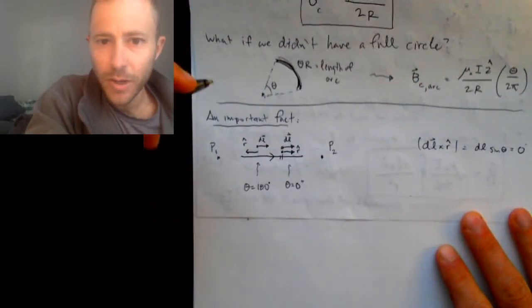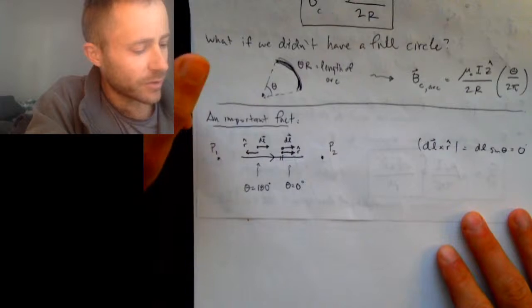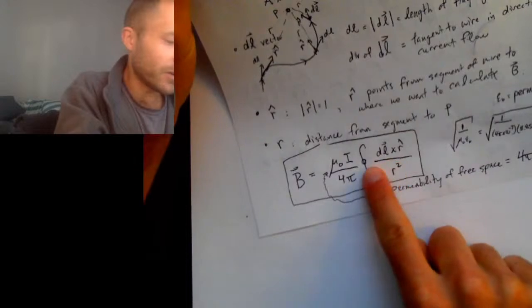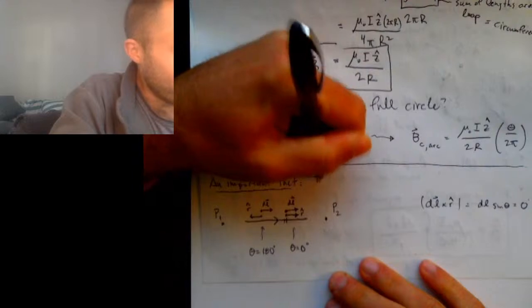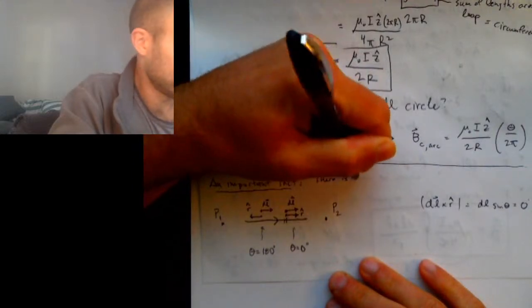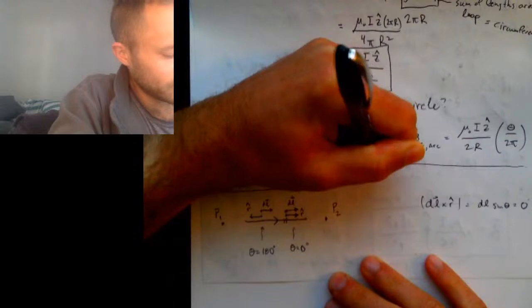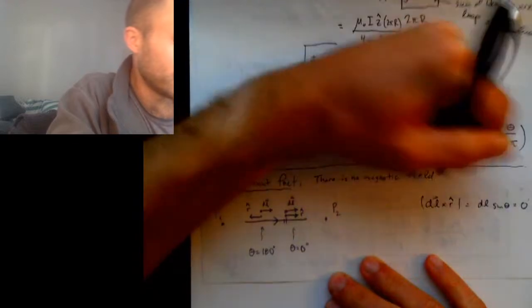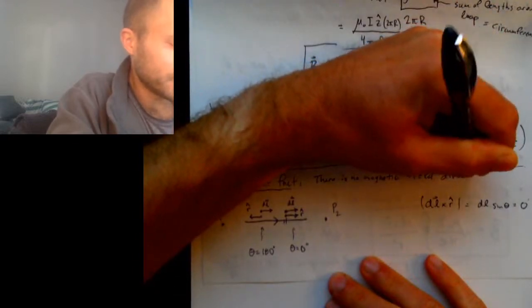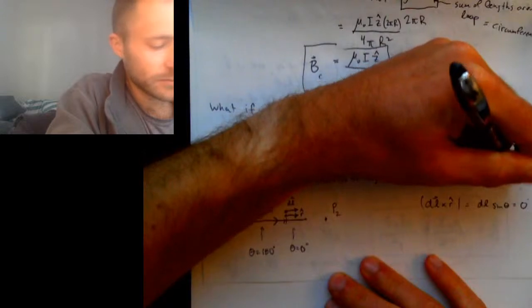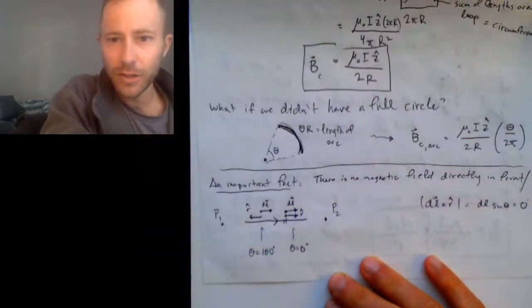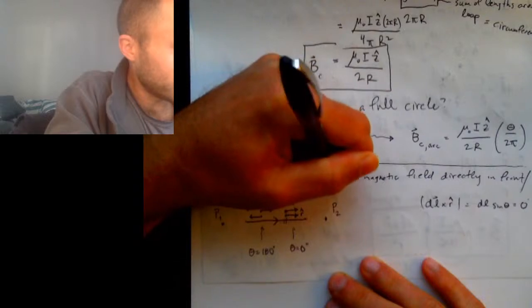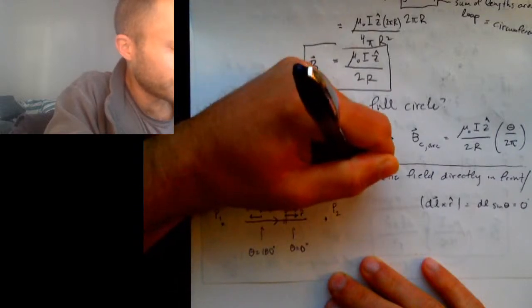That's the important fact. Remember, the Biot-Savart law has dL cross r hat in it. So basically, there is no magnetic field directly in front of and directly behind a wire.